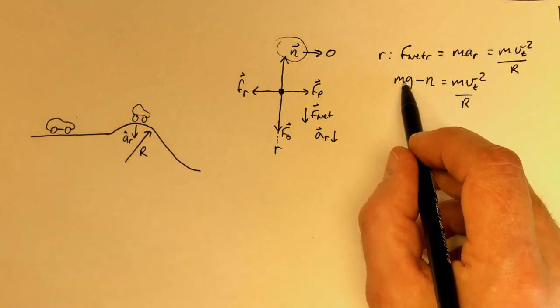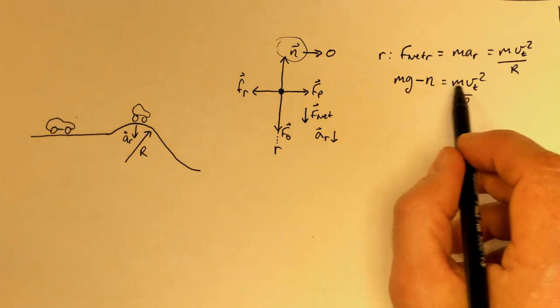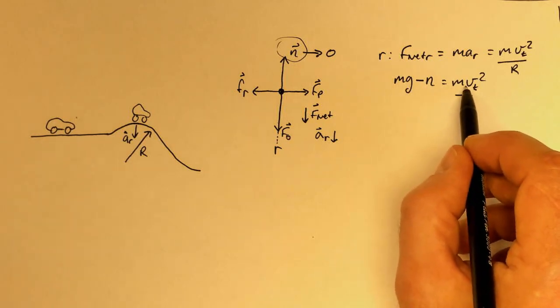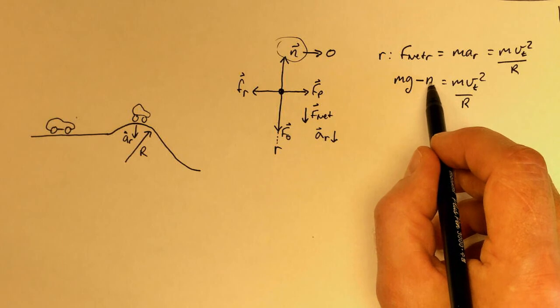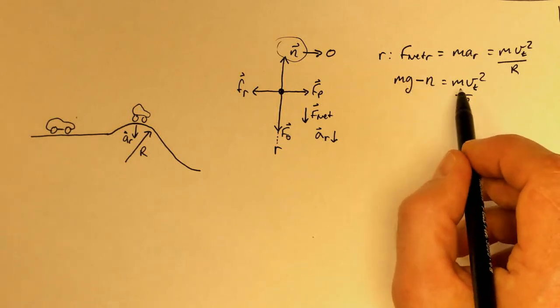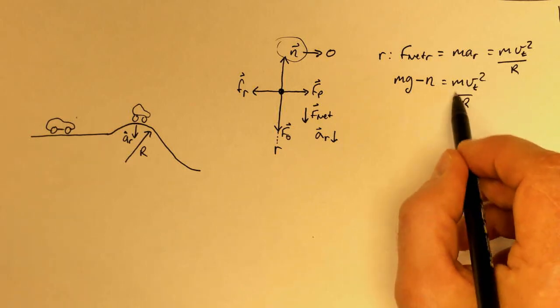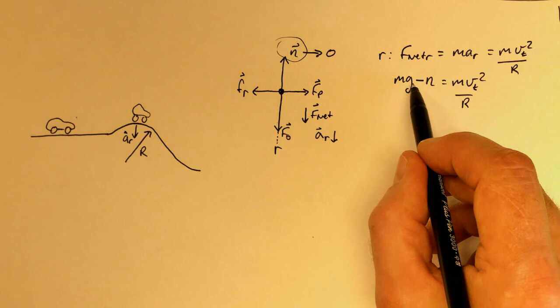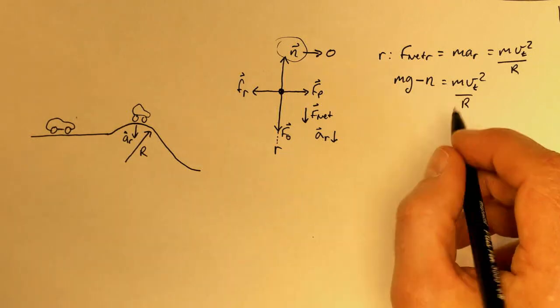Those don't change no matter how fast I'm going. And so that means if mg minus N gets to be a larger number than 0, the only thing that can happen is if N is smaller, I'm subtracting less from mg. It also means the biggest this can ever get is mg. And that is our condition for free fall, our acceleration being g.